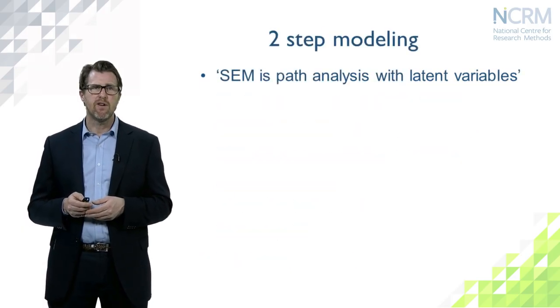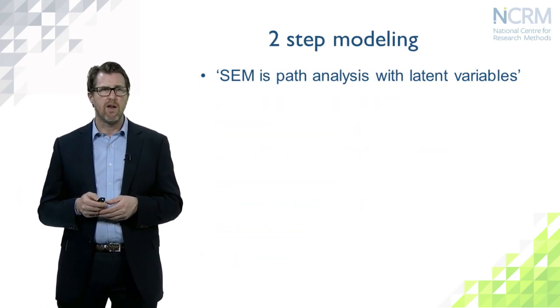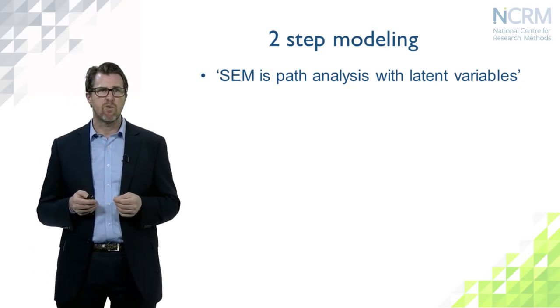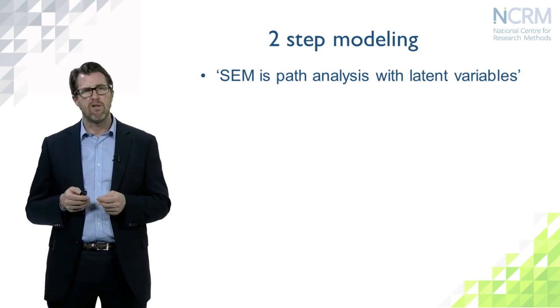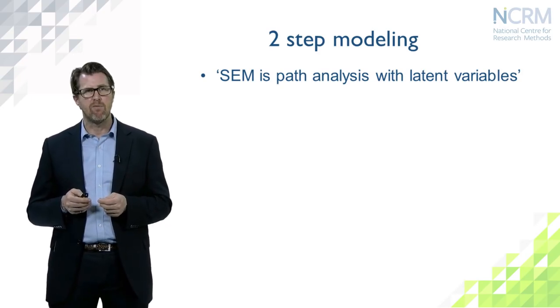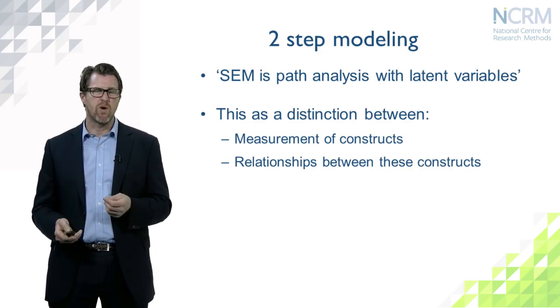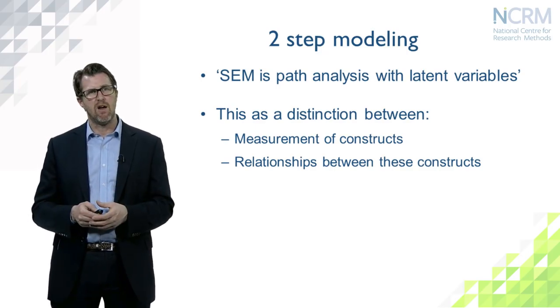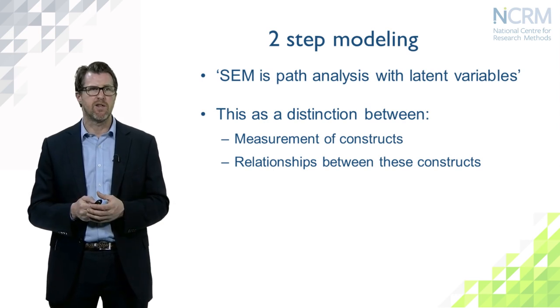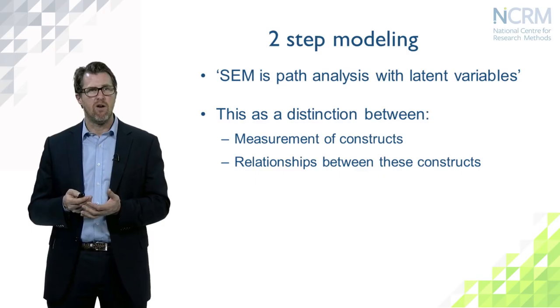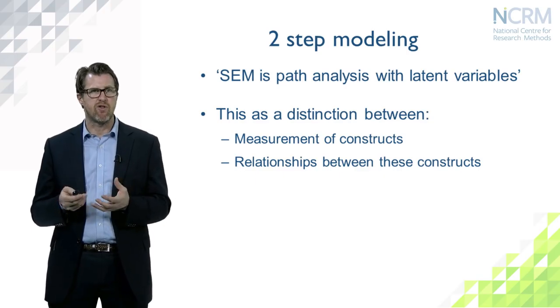So in the first video I gave a pithy definition of structural equation modelling as being path analysis with latent variables. We can also think of this as really being a distinction between two stages or two parts of the modelling process. The first is where we want to get good measures of our concepts or our constructs.